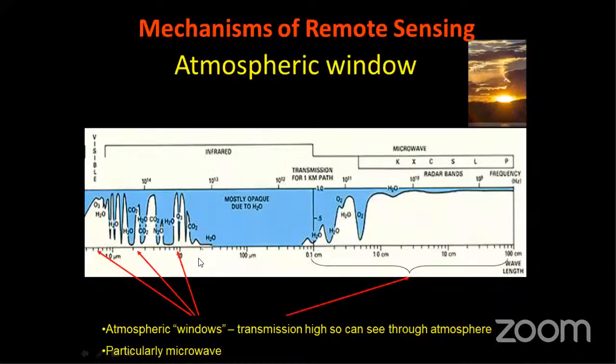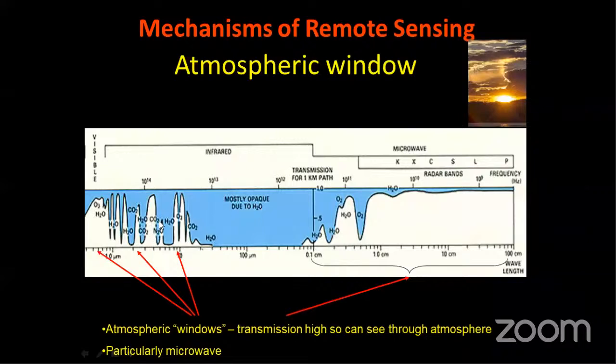Come to another important aspect of remote sensing, that is called atmospheric window. The incoming sun radiation does not come through as such. There are small windows in the atmosphere which allow the radiation to pass through, and that's why when we do remote sensing, or design a sensor for remote sensing, we require knowledge of atmospheric windows. So what are atmospheric windows?